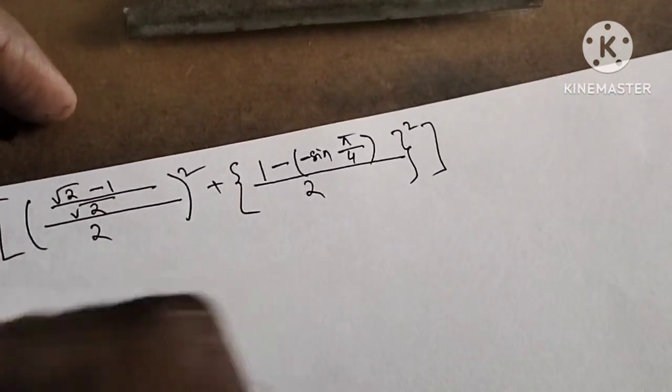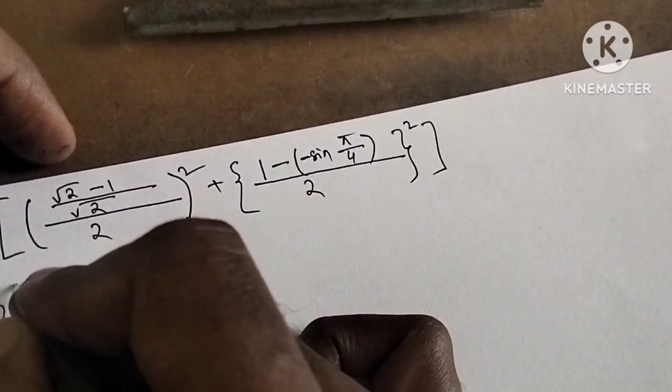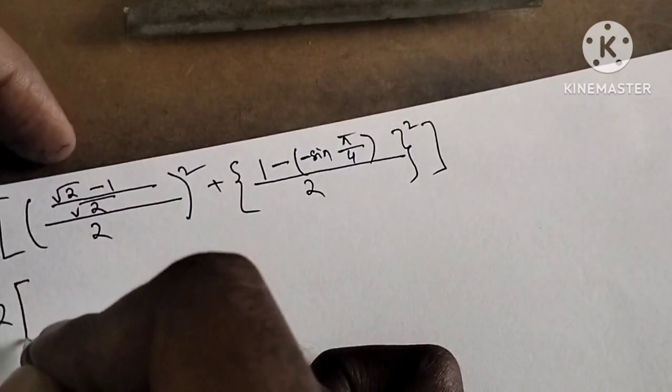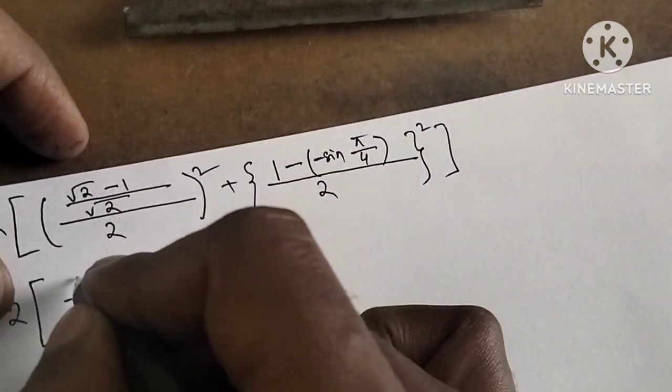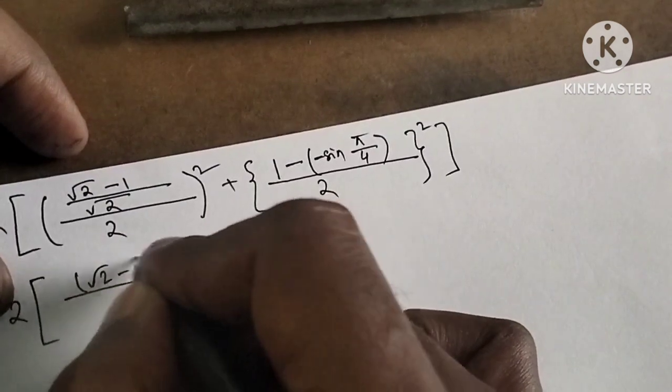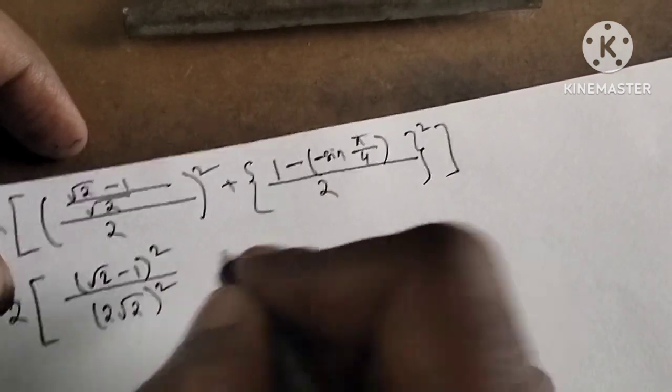So now it will be 2 root 2 minus 1 whole square by 2 root 2 whole square.